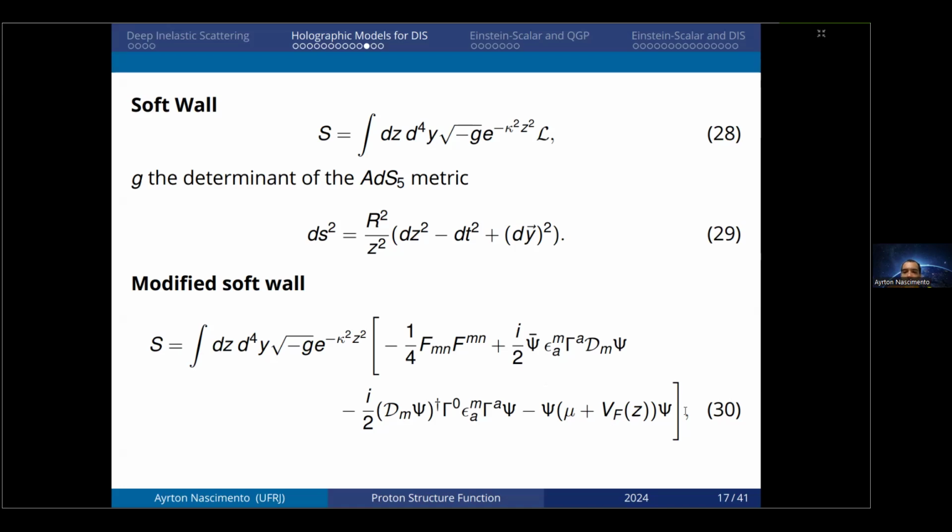So why did people do this? Because we know that in the ADS-CFT correspondence, the mass of the fields we're interested in is somehow related to the conformal dimension of the operator in the boundary of the ADS space.